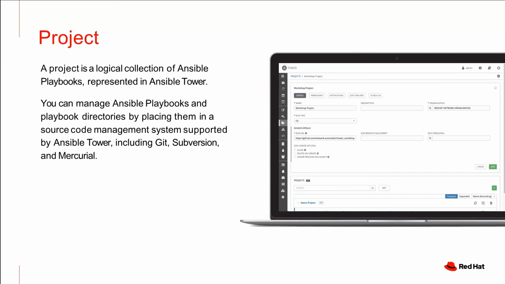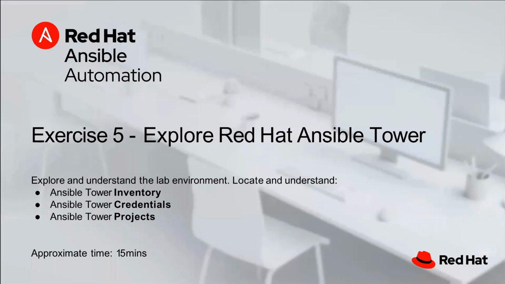I can never say that one properly, but those are the 5 source code control management systems that we support within Ansible Tower. There is a manual method. If you choose that, then you're kind of on your own for making it work. But if you have a different source code control management system you'd like to use, there is a way to do that manually. And that brings us to our exercise.